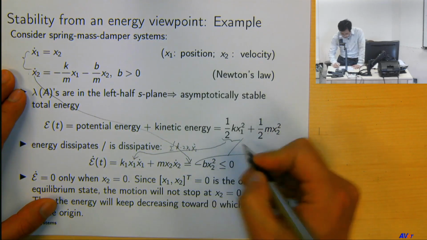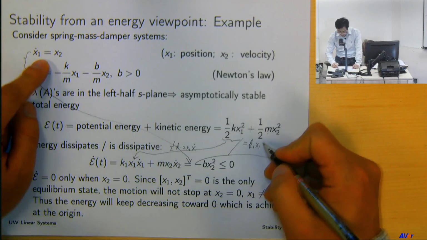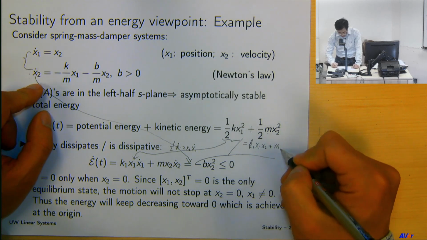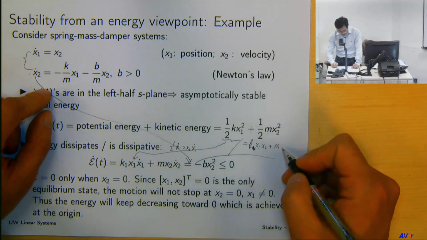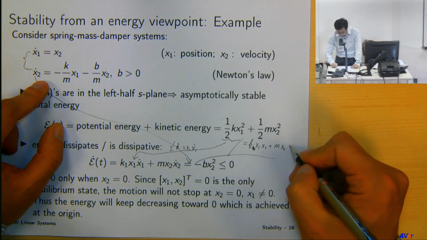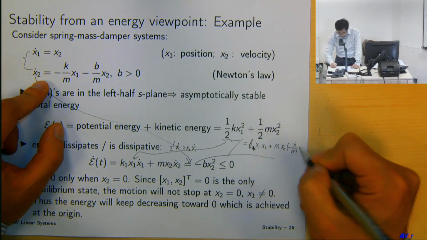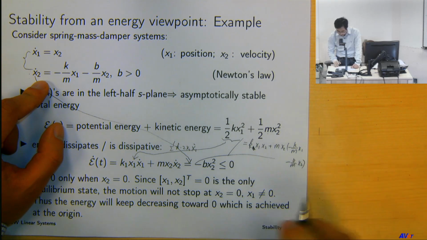So you will get k1 times x1 times x1 dot, which is x2, plus m times, this is k times x1, there's no k1. And then plus m times x2, x2 dot. So it's negative k over m x1 minus b over m x2.